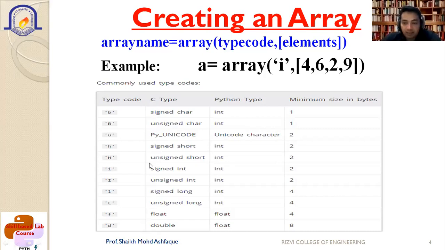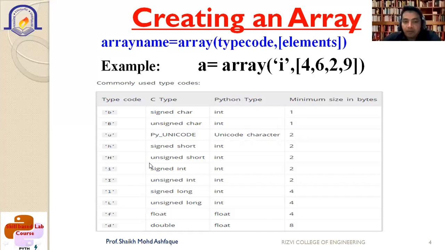Now, what is the type code? You can see one image is given, which shows the commonly used type codes. If you want to use a character, you can use B or capital B. If you want to use a Unicode character, you can use U, then short int, unsigned int, etc. Basically we are using integer here, so we use the signed int. Then long, double, float, etc. That type code you use inside.